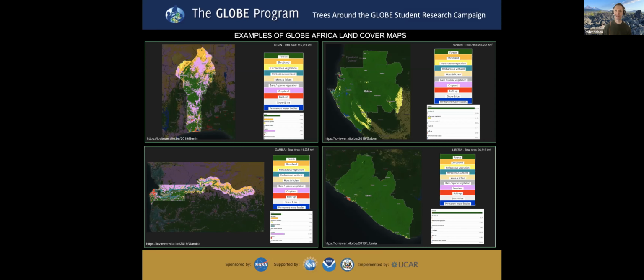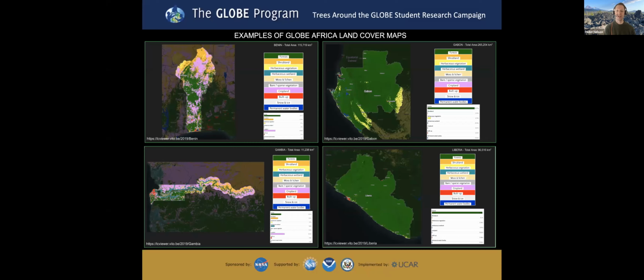And that is this global map that we're presenting here today. This is a way that we can start to understand the distribution of trees around the globe. And what Brian has right here is a great example of 2 important concepts.